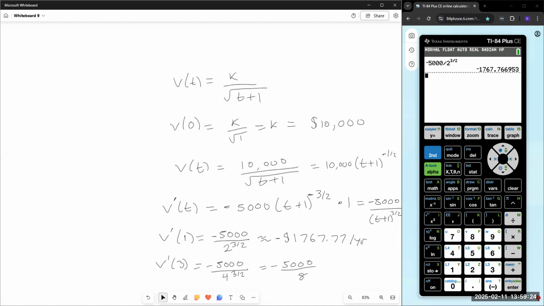So negative 5,000 divided by 8 is negative $625 per year at that point. Again, assuming T is in years, because we're talking about depreciation, which happens over a long time, so these are probably years, not months or days. The value of the machine is lost over several years of usage, probably.